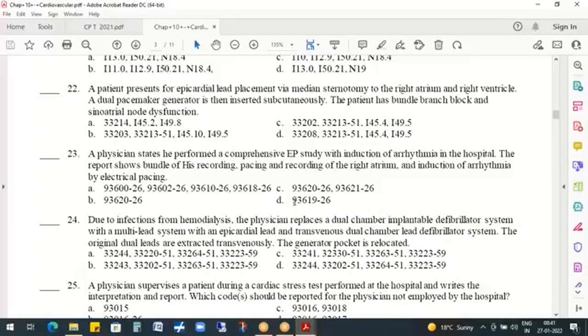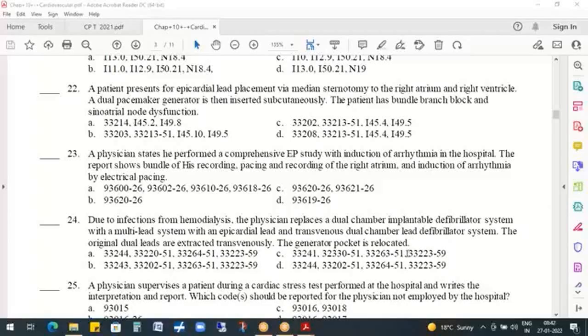You understood this concept? Yes, sir. Shobha, Geeta Kumar, Susmita, Dimple, have you coded the question? C, sir. C coded. Okay.